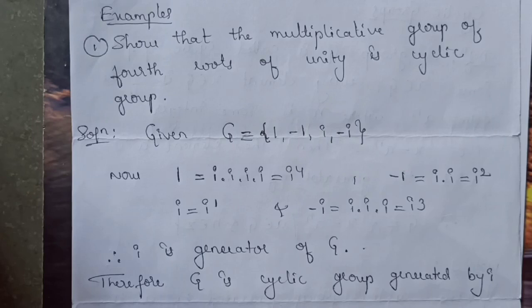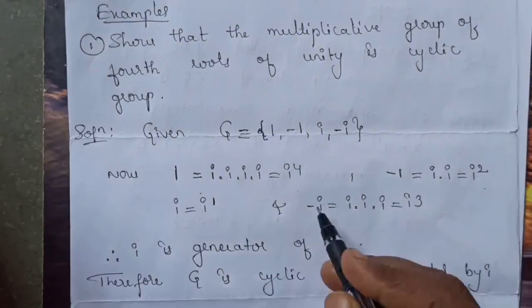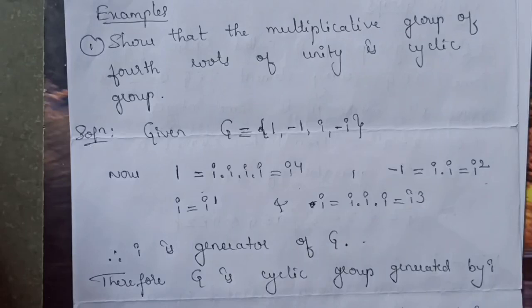The elements of the fourth roots of unity are 1, -1, i and -i. Therefore G equals {1, -1, i, -i}. So 1 can be written as i power 4, -1 can be written as i square, i can be written as i power 1, and -i can be written as i cube. Therefore i is the generator of G. Therefore G is a cyclic group generated by i.